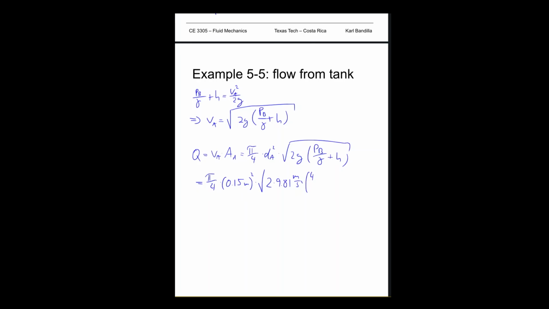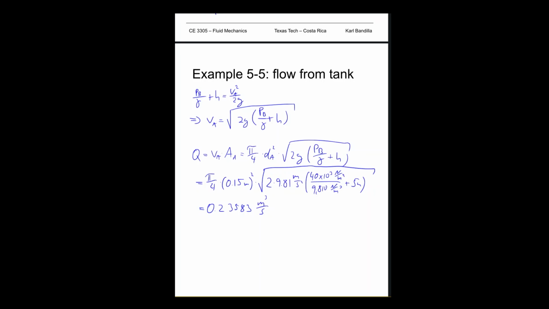So that is 40 kilopascal, so 40 times 10 to the 3 Newton per meter squared. Gamma is 9,810 newtons per meter cubed, and then H was given to us as 5 meters. Now we want to have a flow rate coming out, and if we put the numbers in, we get 0.23583. Should be meter cubed per second.